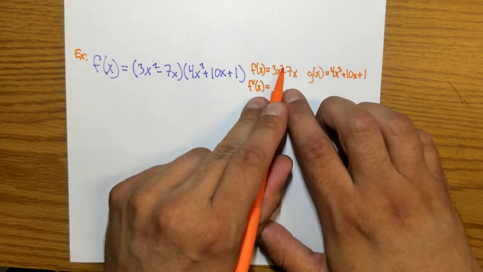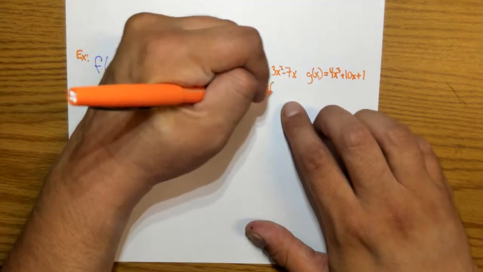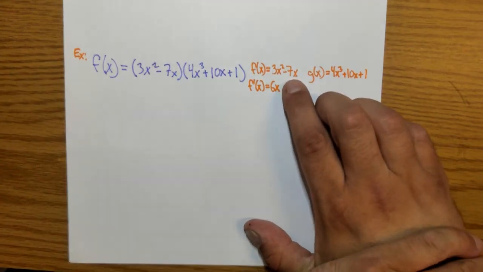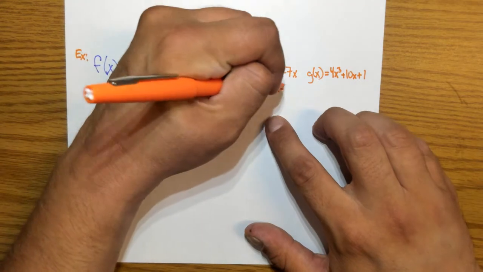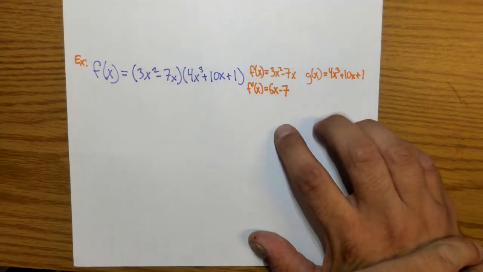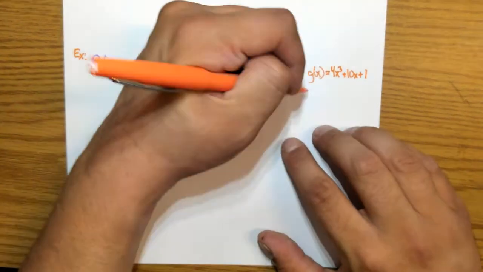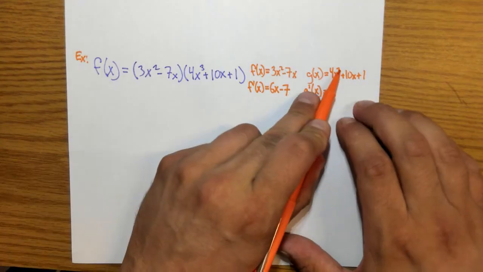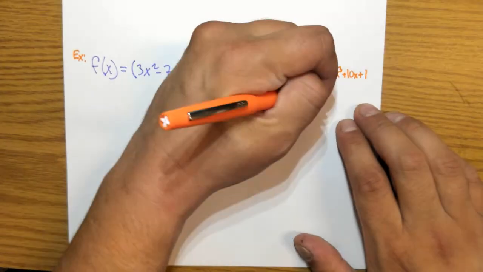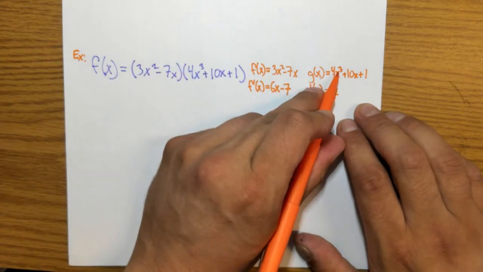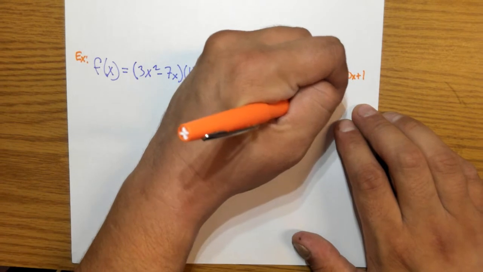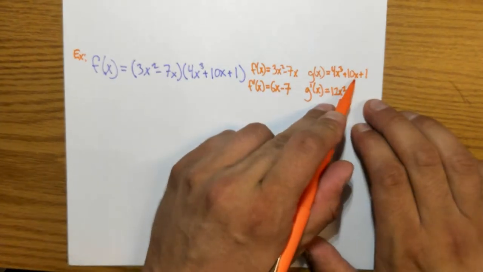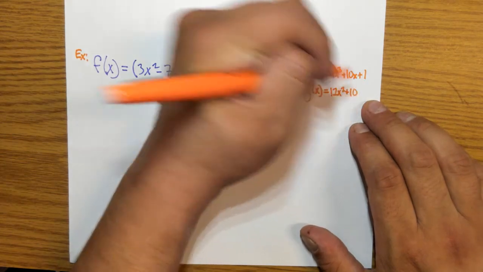Derivative of this, let's see, 2 times 3 is 6, and the power goes down 1, so it's just going to be 6x. And then the linear term loses its x, so just minus 7. And then here g of x, we'll get g prime of x. And 3 times 4 is 12. The power is going to go down 1, so the cube is going to go to a square, so 12x squared. The linear term, the x goes away, so it's just plus 10.